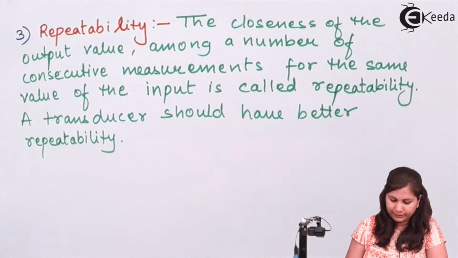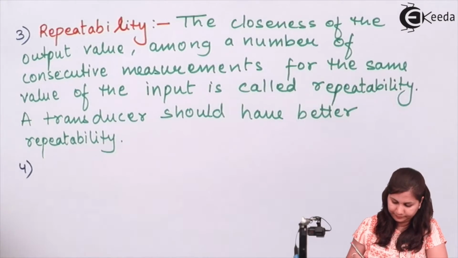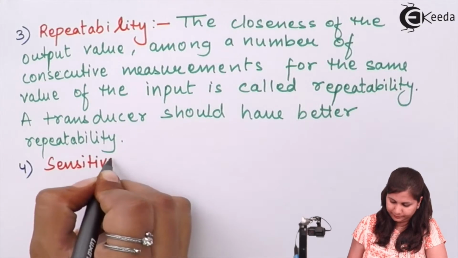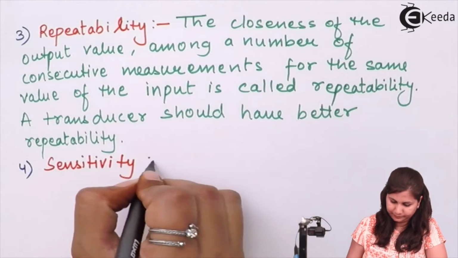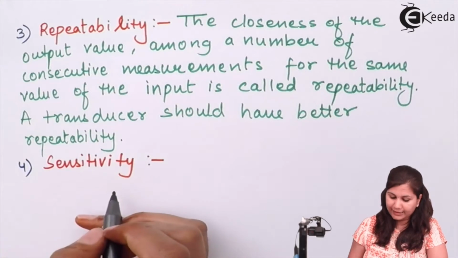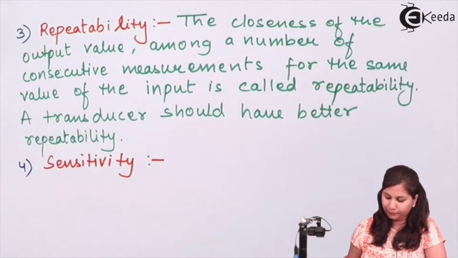Next requirement is sensitivity. Sensitivity is defined as the ratio of the change in output to the change in input.